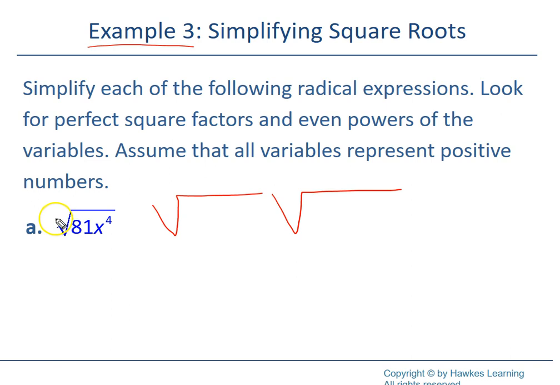So this is going to give us the square root of 81 is 9. And remember there's a 2 there. We take it away from the radical sign, put it under that, and that reduces x to the second power. And again, that could be a plus or minus, but we're looking for the principal square roots here.